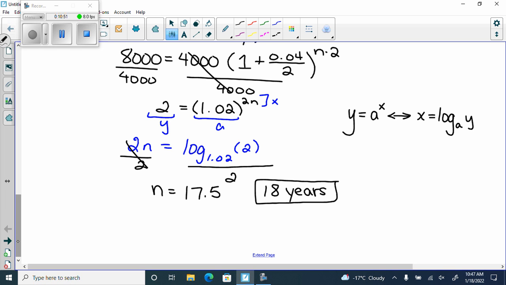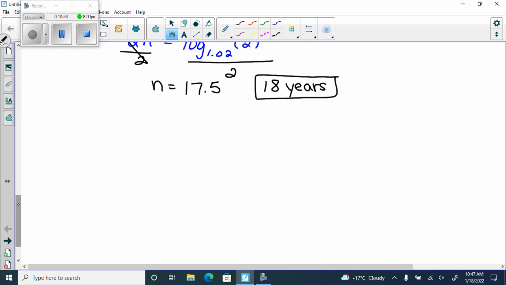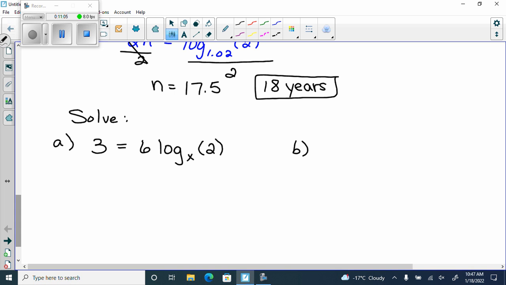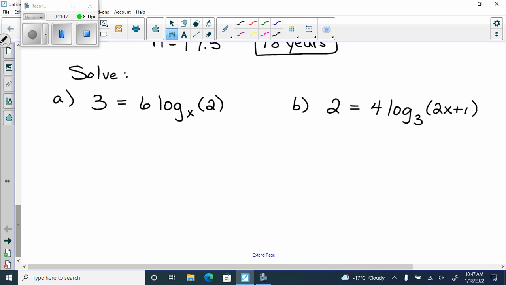So I'm going to get you to solve the following. A, 3 equals 6 log base x of 2. B, 2 equals 4 log base 3 of 2x plus 1. What are we going to have to do first before we can solve these?